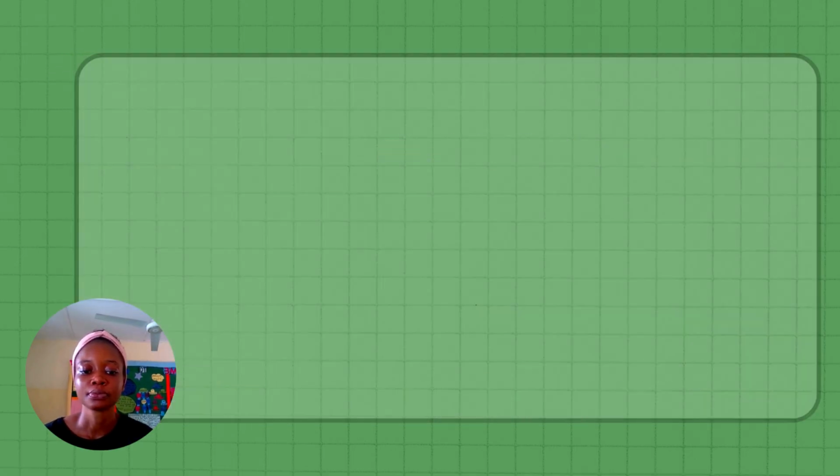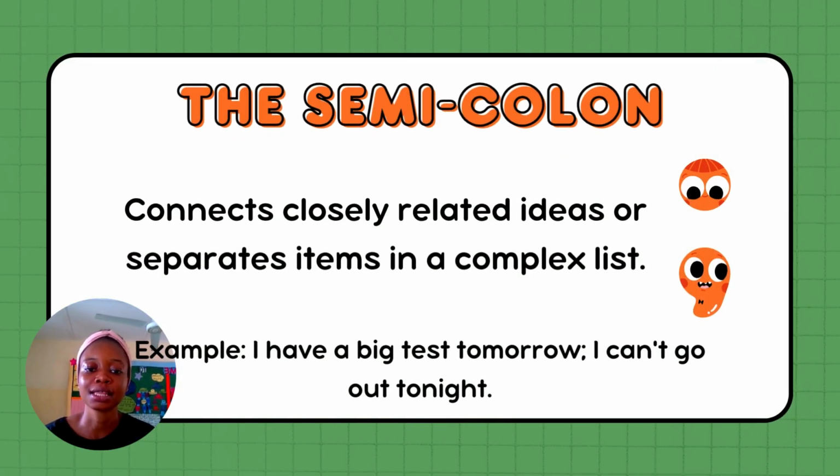The next thing we're looking at is the semicolon. The semicolon is used to connect closely related ideas or separate items in a complex list. Your semicolon is similar to your colon.